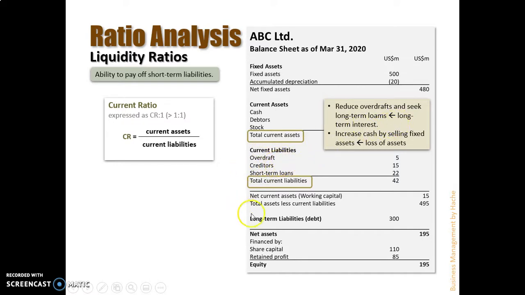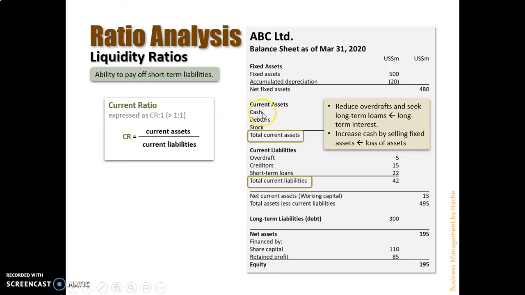But you have to consider that long-term liabilities means, again, long-term. So it means that you are going to keep this debt for a longer time, and that would affect in the end your profitability. You can also increase cash by selling fixed assets. I mean, you can sell some fixed assets you're not using anymore, and then you can increase the amount of cash here.